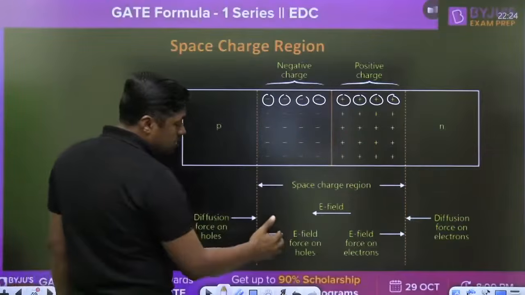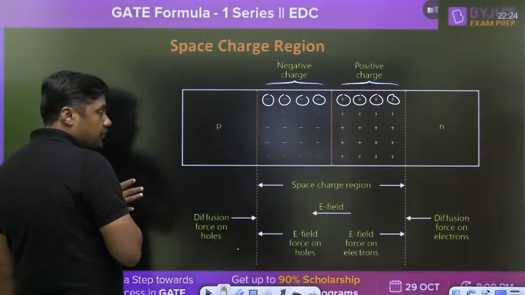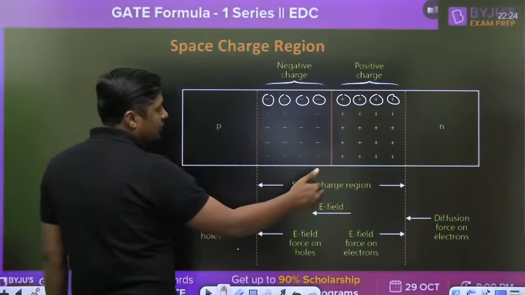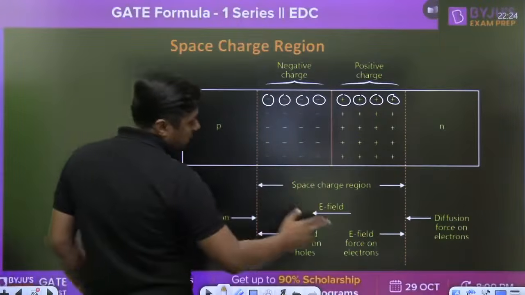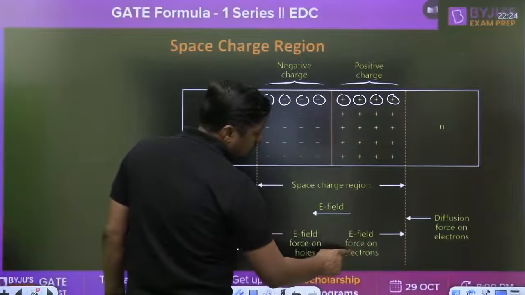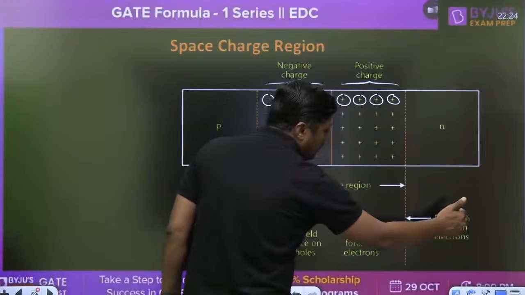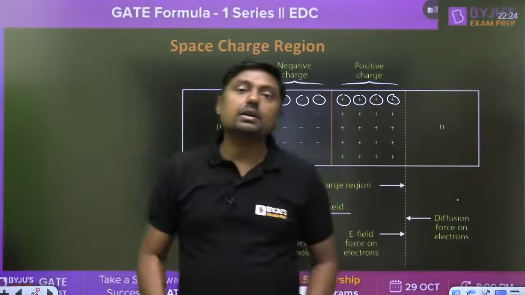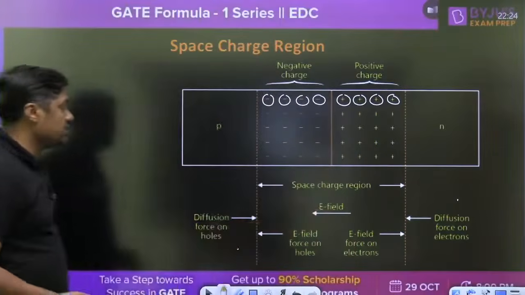It will force the hole in the opposite direction. Because of diffusion, the hole will move from left to right, and because of that electric field, the hole will try to move from right to left. Similarly, the electric field force on the electron is from left to right, and because of diffusion, the force will be from right to left. They will cancel each other. And in an open circuit bar, what will be the current? 0.